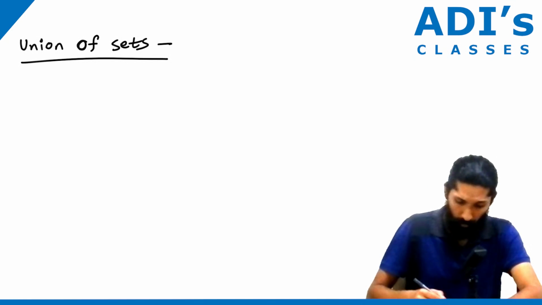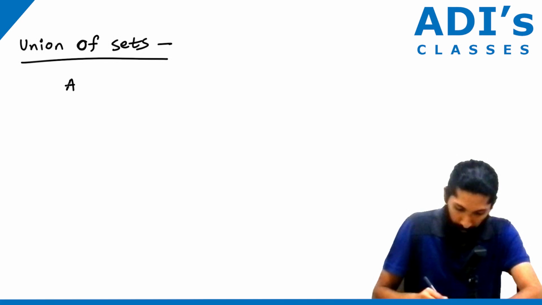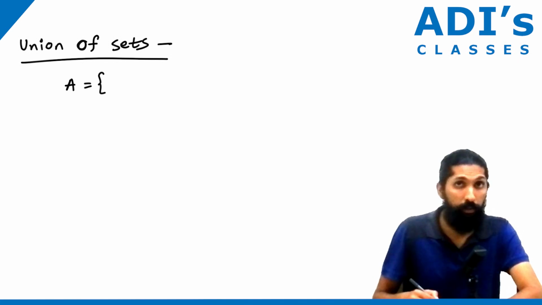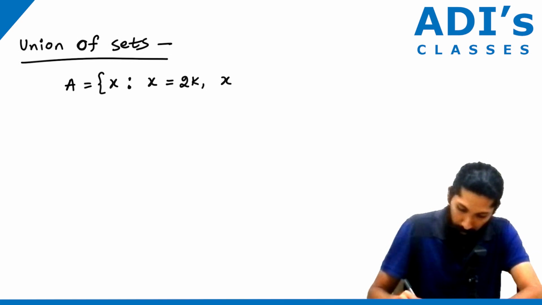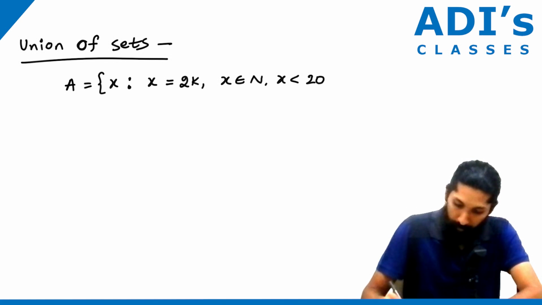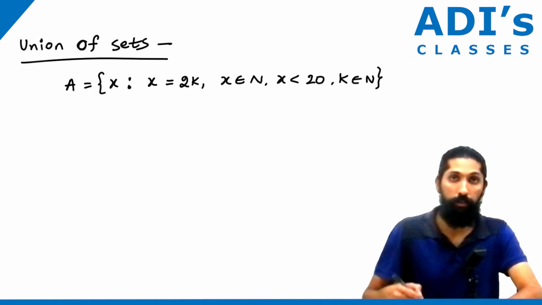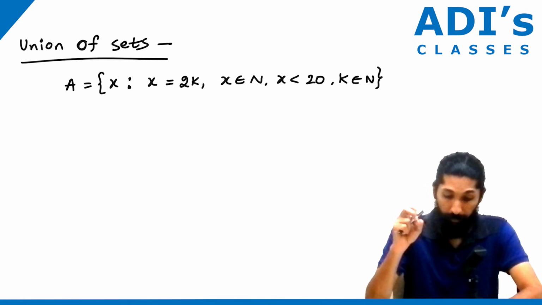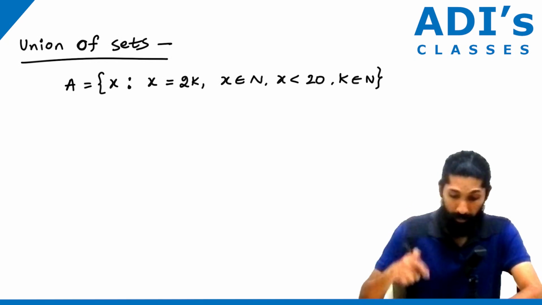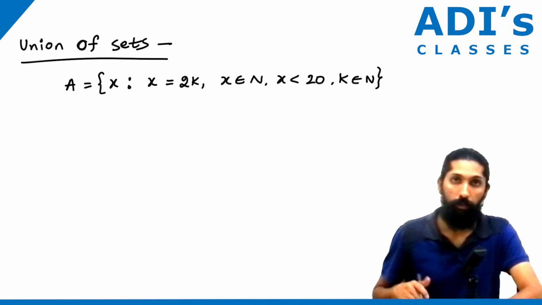Suppose I have set A. First I'll give it in set builder form: x such that x is equal to 2k, x belongs to N, x is less than 20, and k belongs to N. This means x is a natural number, k is a natural number, and the value of x is less than 20. Also x is equal to 2k, isn't it?